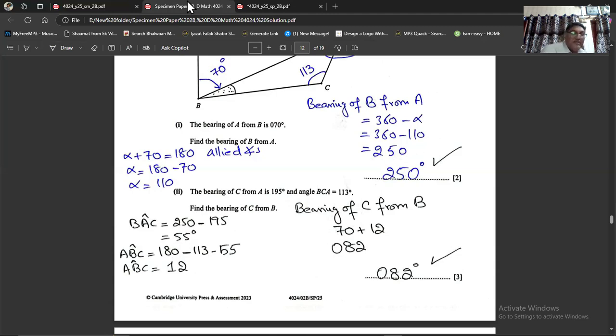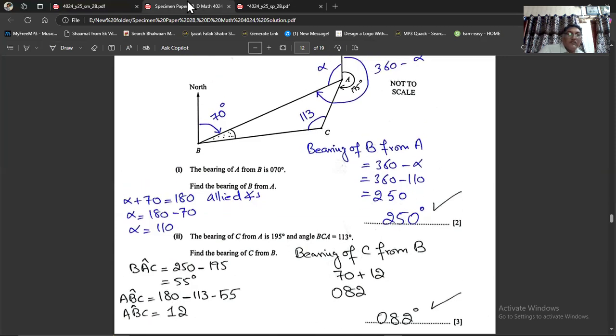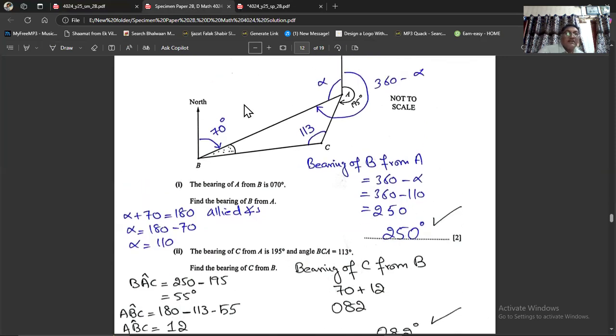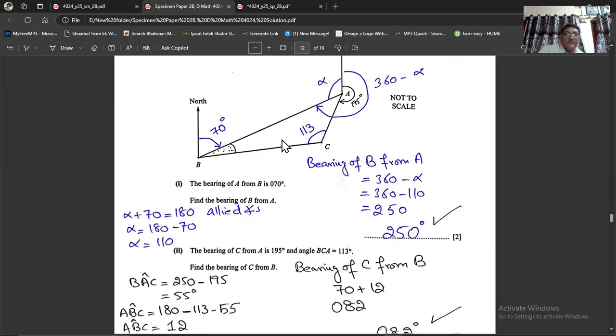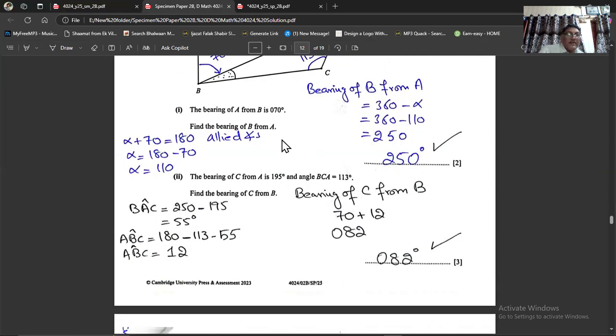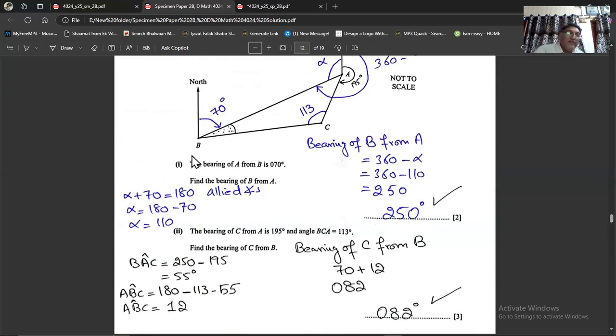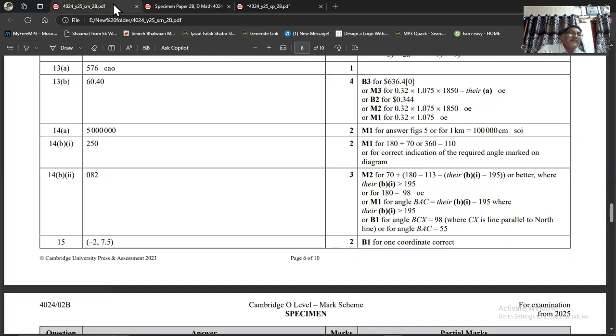The ABC angle will be equal to 180 minus 113 minus 55, and that will be 12. So this angle is 12. So the bearing of C from B, that means on B we have that north, and from that north I will come to the BC line. So that will be 70 plus 12, and that is 82 degrees. Let's check. 82 degrees is the right answer.